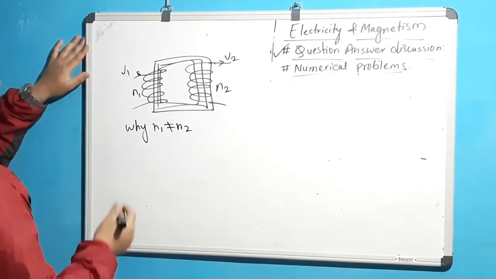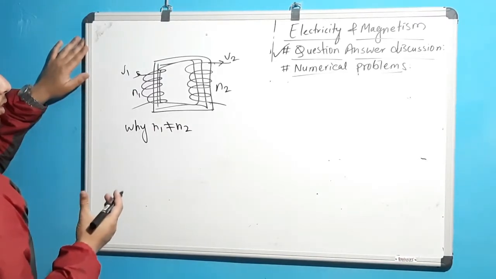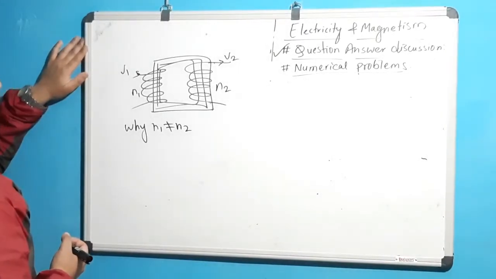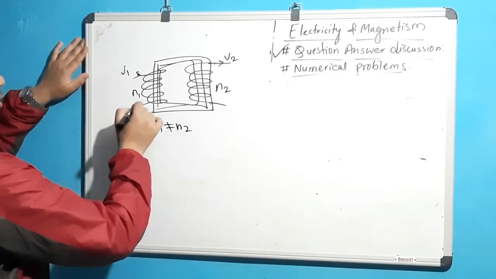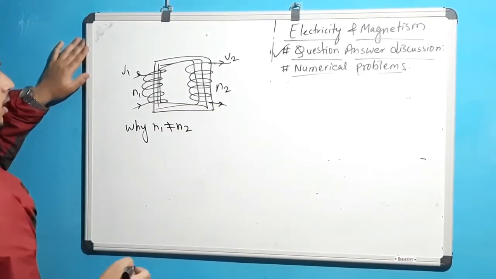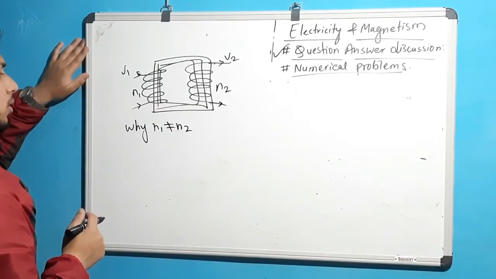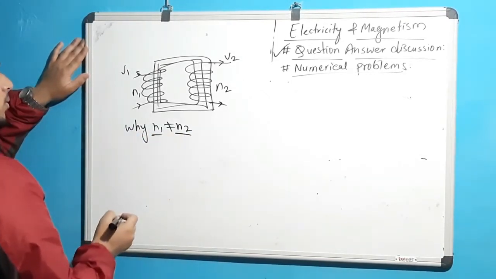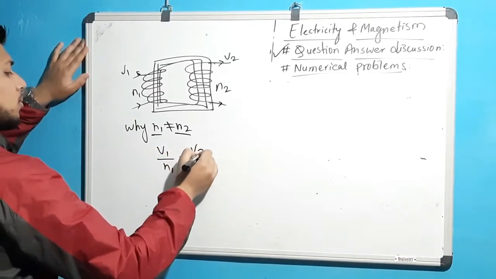Because transformer is used to step up or step down the voltage. The voltage we give from this side and the voltage that comes out, to make it smaller or larger we use a transformer. But with an equal number of turns, V1 upon N1 equals V2 upon N2.